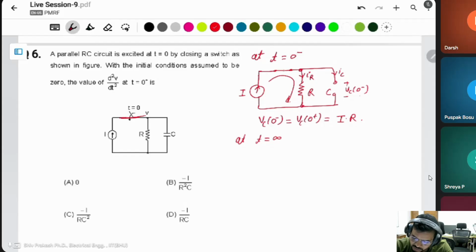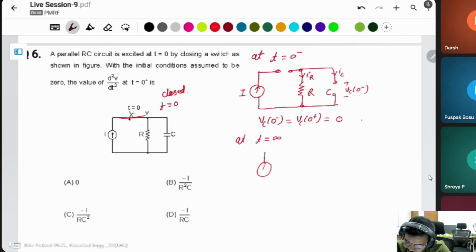At t equal to 0, this is behaving like an open circuit. If it is equal to 0, open circuit, then this voltage will be 0. No current because the switch is closed at 0, not open. This is closed at 0. It means at t equal to minus 0, there is 0 voltage. And at t equal to 0, this circuit is closed. And what is it at t equal to infinity?